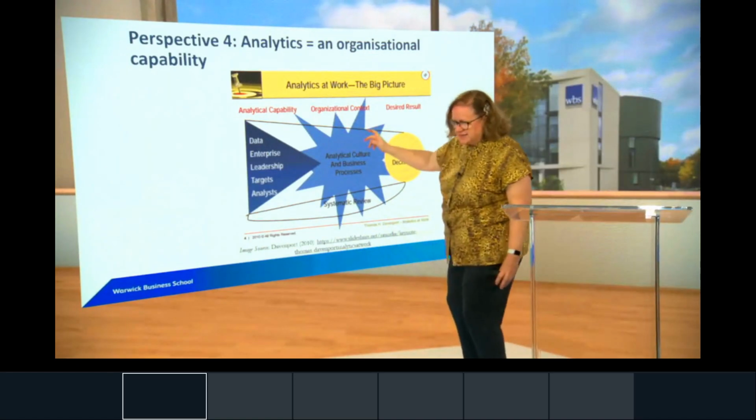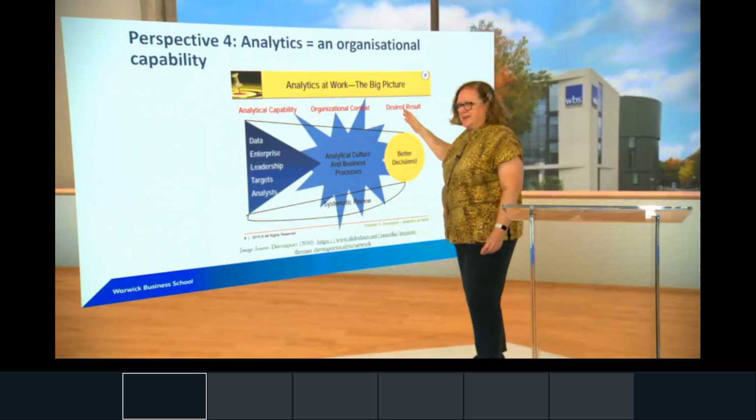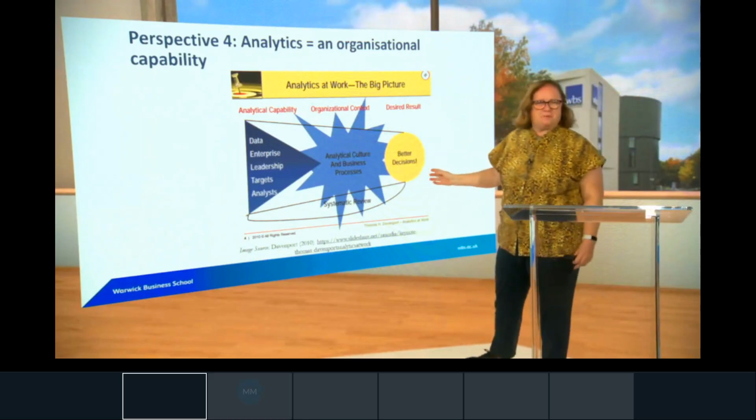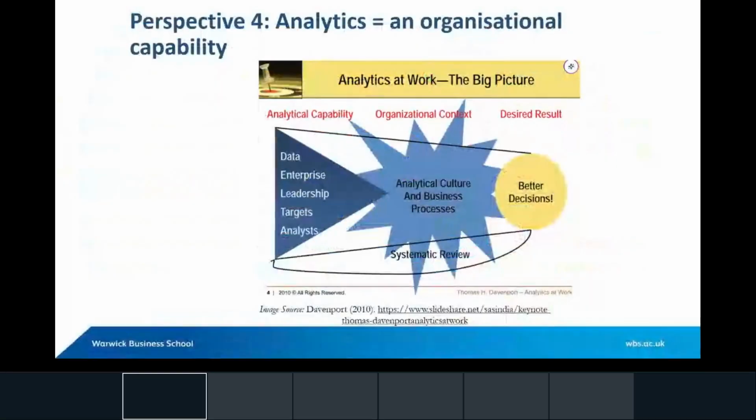So yes, analytics capability, but it sits within the context of the company, doesn't it? The organizational context, which consists of the culture within the organization, the analytical culture, and the business processes too. But the whole point of that is you want to get the desired results, you want to get better decision making.